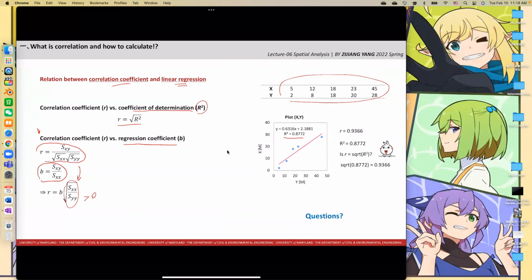For linear regression, the main purpose is to construct the functional relation between X and Y. So basically, we are interested in the exact relation between these two, and we may use one to predict the other. But for the correlation coefficients, we are only interested in the correlation between X and Y. So we do not use this to do prediction or to draw any implications about their relation. I think this is the difference.